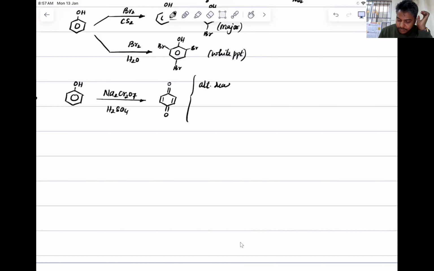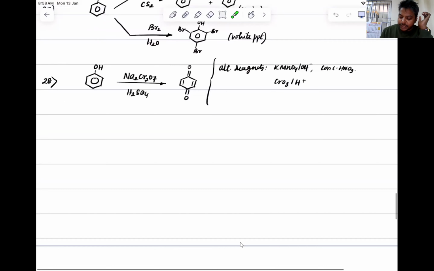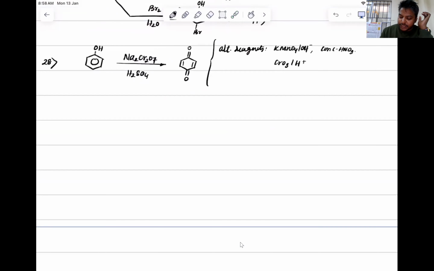If it is KMnO4 OH minus, or concentrated HNO3, or CrO3 H plus, like this, if it is mentioned, they are all alternative reagents to make phenols into quinones.